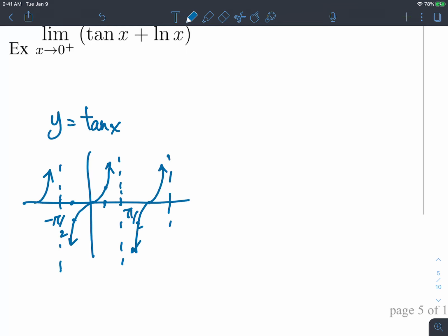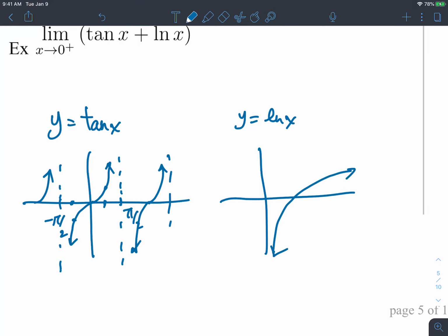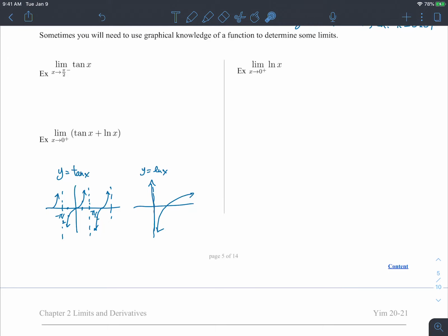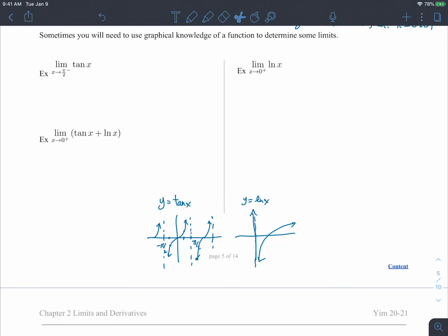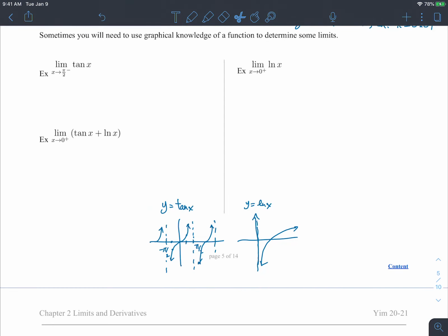Okay. And then y is ln of x. It's like any of the logs with a base e. Looks like this, guys. So the asymptote is here. And this thing is increasing forever slowly, but it's going to infinity in y value. Okay. So let's keep that in mind. And as we're going to put this right here, we're going to use that as a reference.